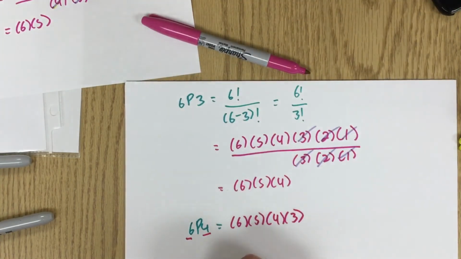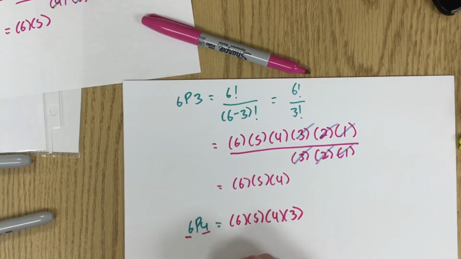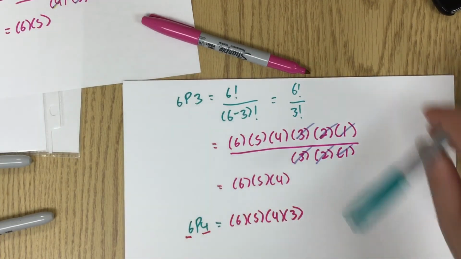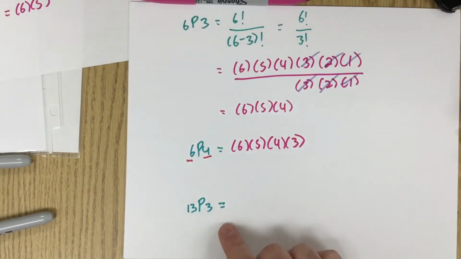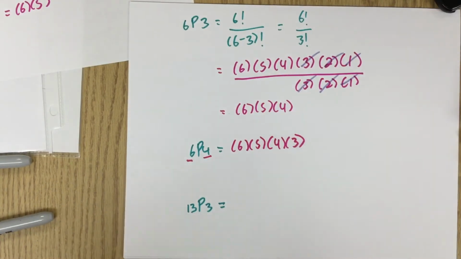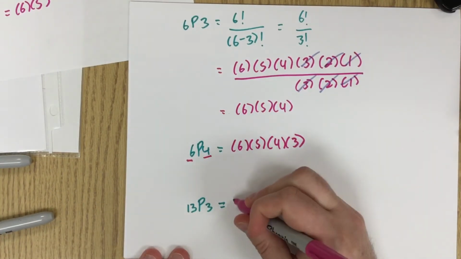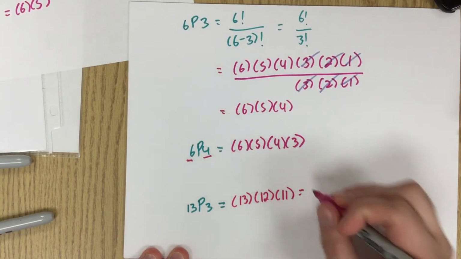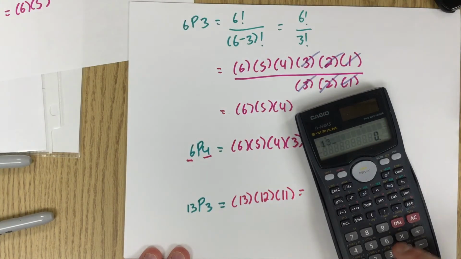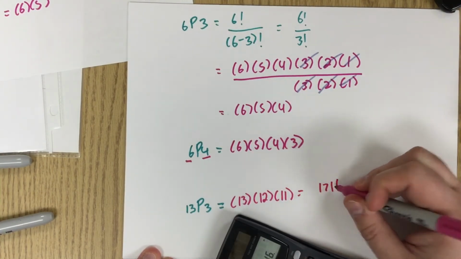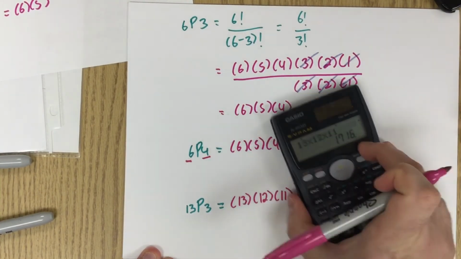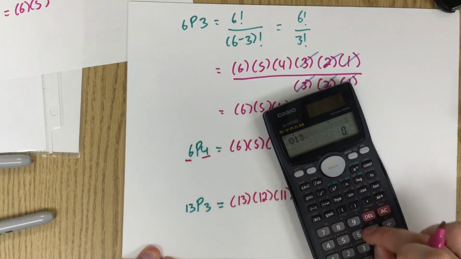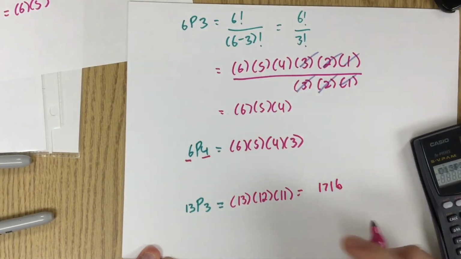So for example, 13 pick 3 is equal to the first 3 terms of 13 factorial, and that's going to be 13 times 12 times 11, which is 1716. We could try it out, and 13 pick 3 is also 1716.